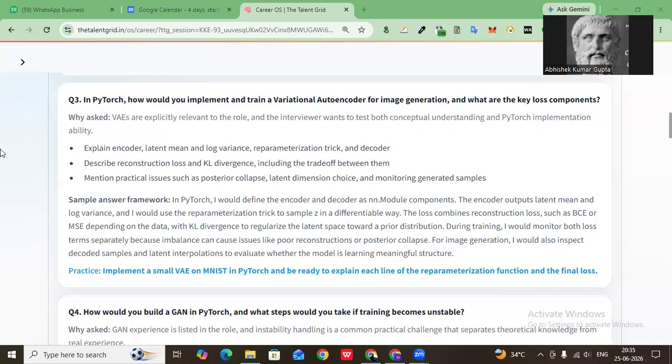In the backend it generates some kind of statistical distribution using these two values. Reparameterization is used to train the network end to end using the backpropagation technique. We cannot sample directly from this latent distribution because the function is not differentiable.